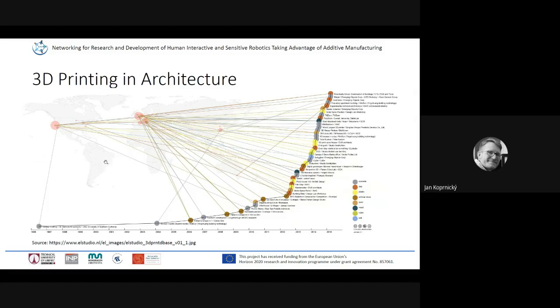South America, but we have already seen some projects from this part of the world. This picture could also be improved and brought up to date, but it stopped in the year 2017, I think.